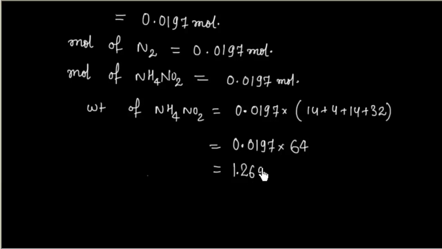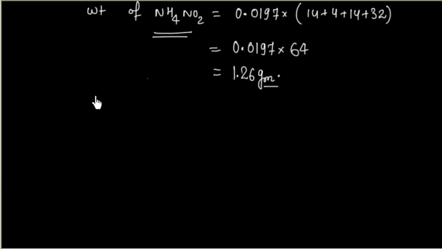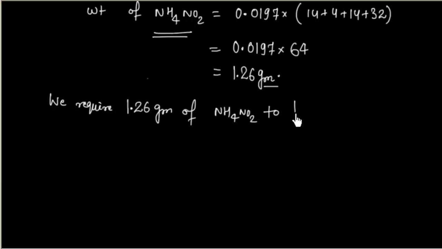So basically we require 1.26 gram of ammonium nitrite to produce the given volume of nitrogen gas.